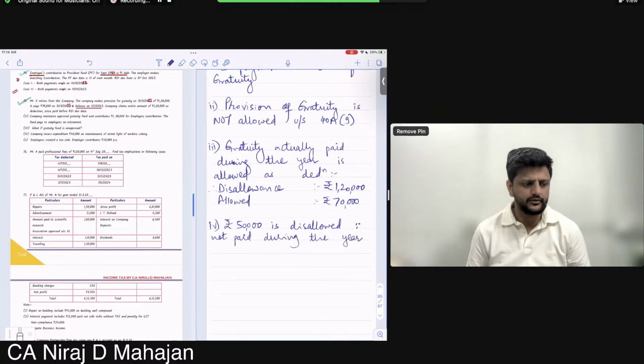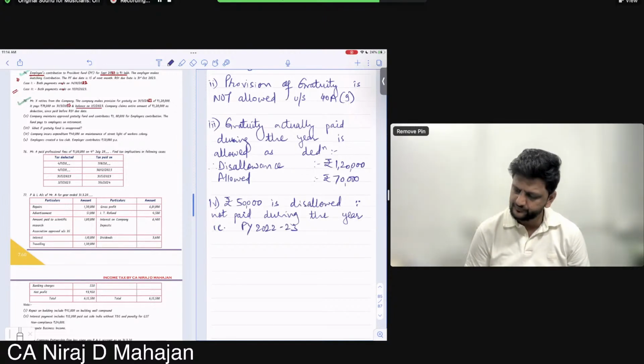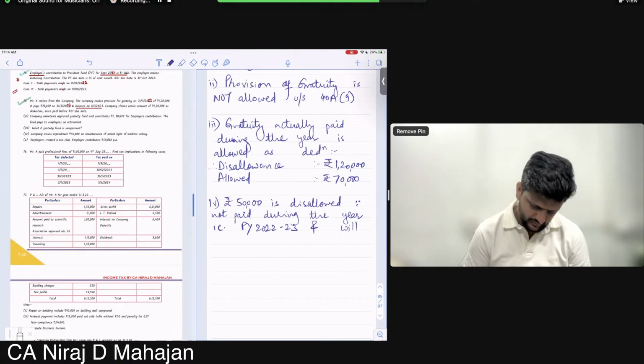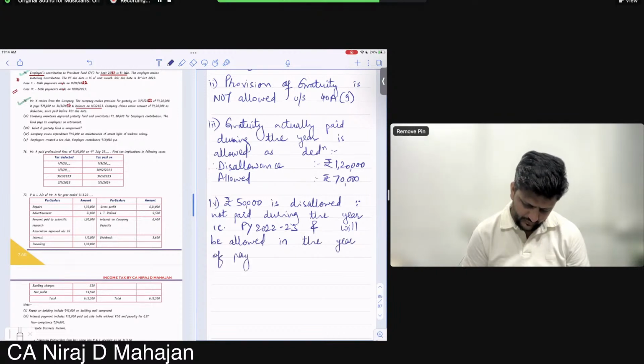Since not paid during the year, that is 22-23, it will be allowed, but in the year of payment. That is by what, children? 23-24. That is when it is paid, no? May 23.